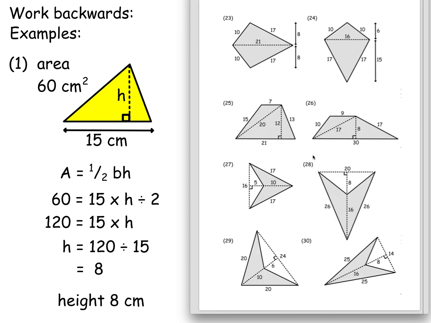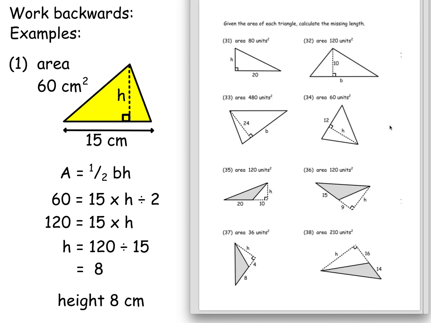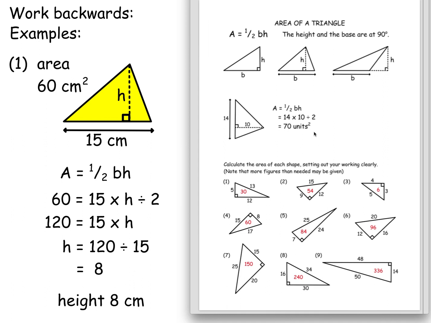These are now triangles put together, so you get 2 triangles put together and you have to calculate the area. So it's 2 separate area calculations and then a sum when you add the 2 areas. And then in this one, you're given the area, find the height or find the base, and they've got answers with them.